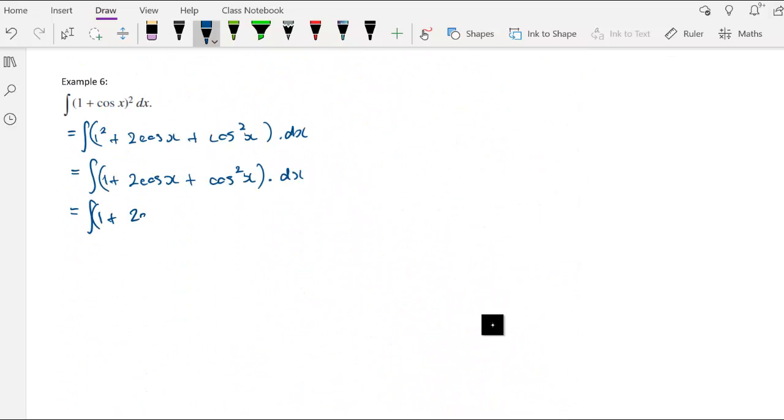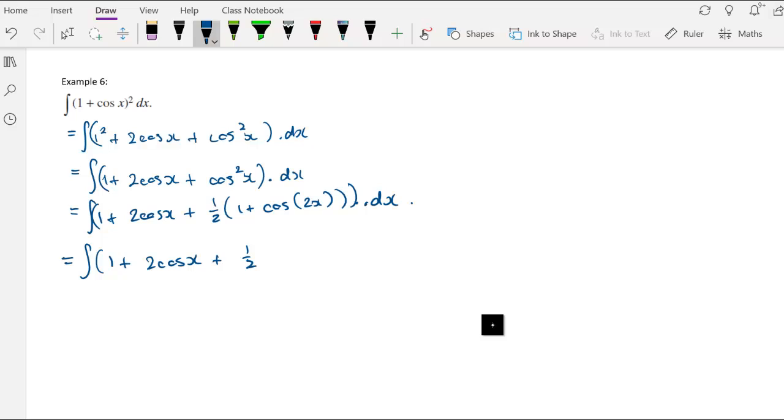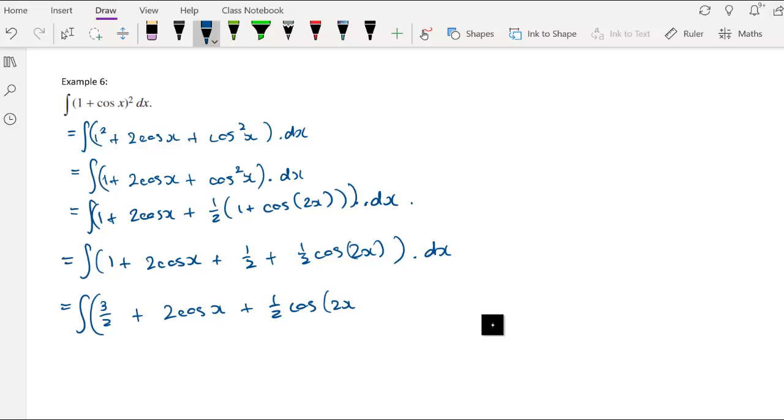So we've got 1 plus 2 cos x plus 1/2 of 1 plus cos 2x dx. And if we break this up, we've got 1 plus 2 cos x plus 1/2 plus 1/2 cos 2x, and that means we have now 3 on 2 plus 2 cos x plus 1/2 cos 2x dx.